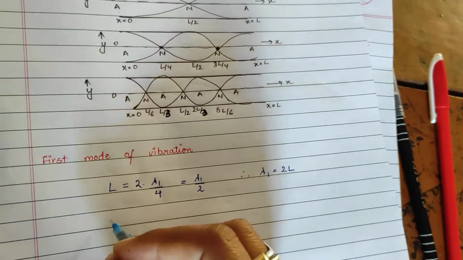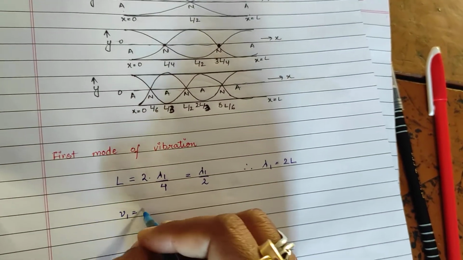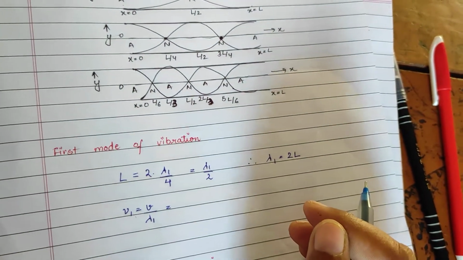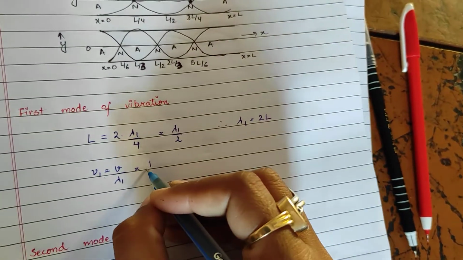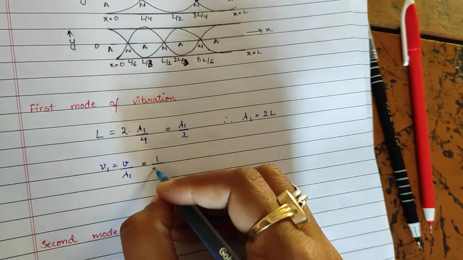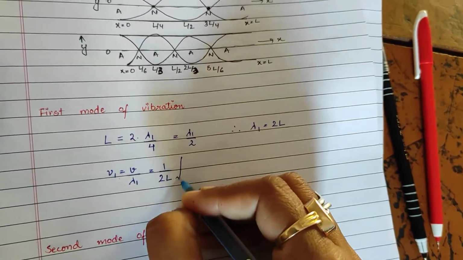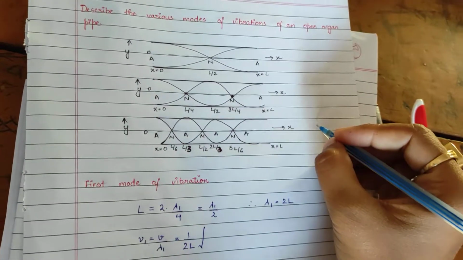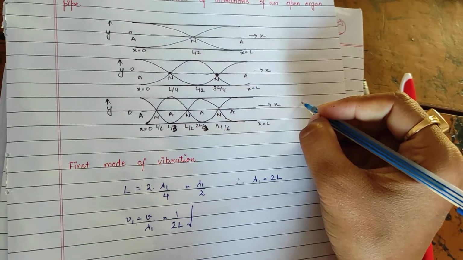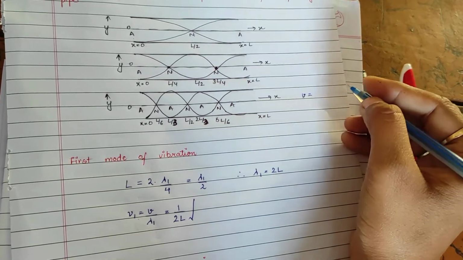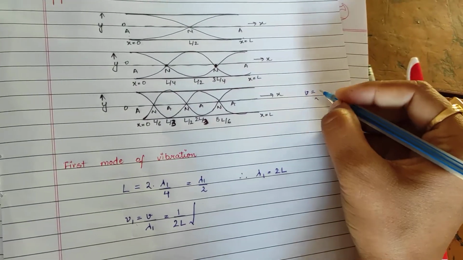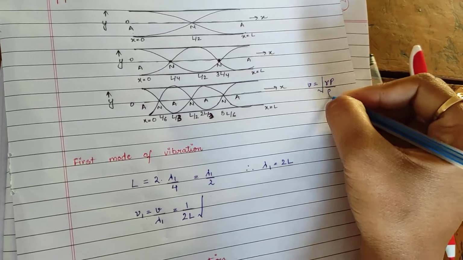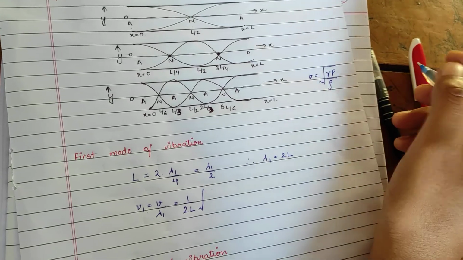Now we will find the frequency of vibration. It will be equal to v by lambda, as we did in the previous case of a string. We have lambda 1 equal to 2L, and as we are talking about sound, the velocity of sound is given by the square root of gamma P by rho, where P is the pressure and rho is the density.